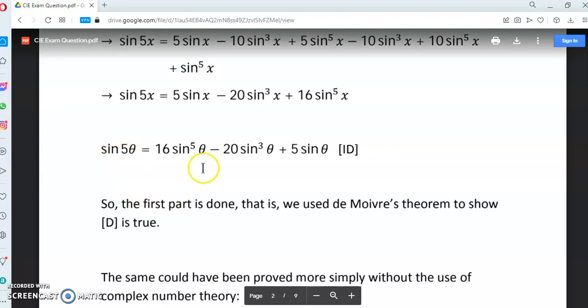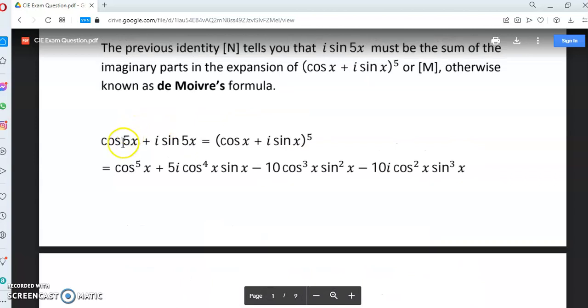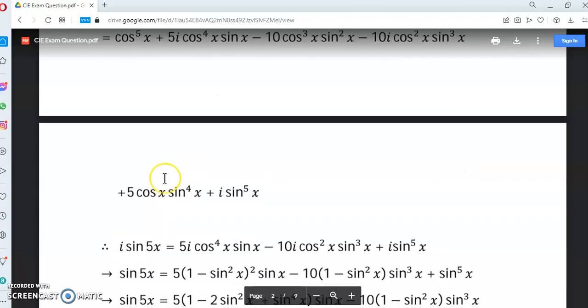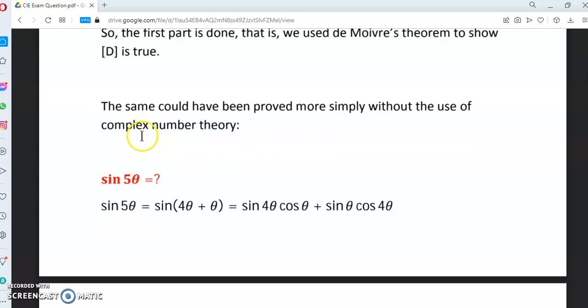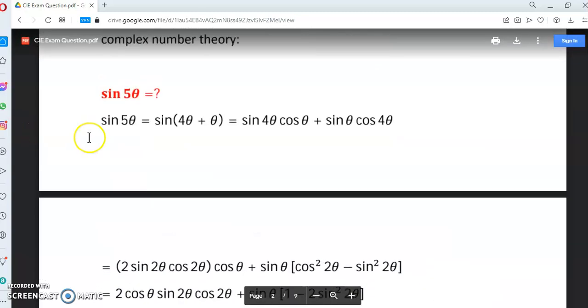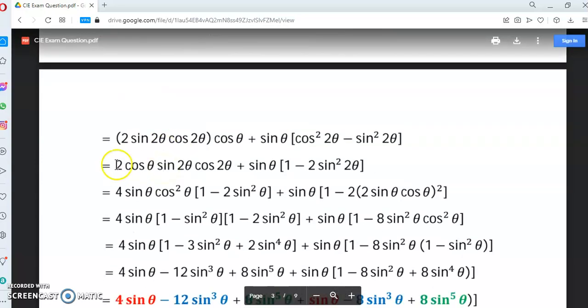So you end up with sine 5 theta is equal to this. And of course, cos is given in a similar way to what you see over there, okay? So now you can expand sine 5 theta as what you see on the right-hand side here, okay?